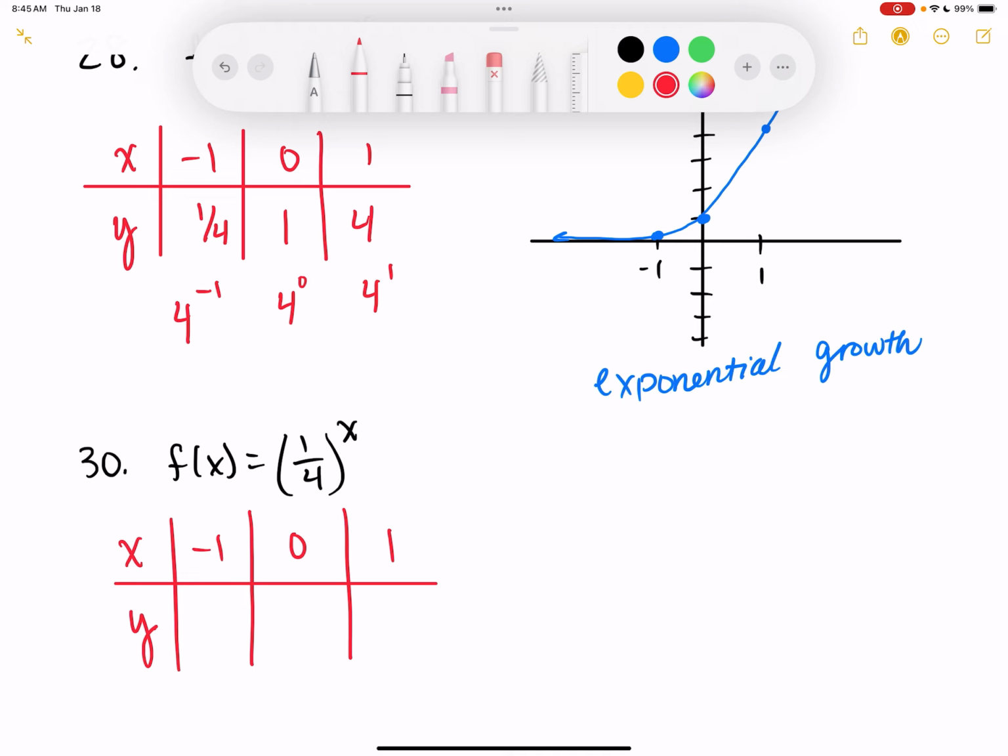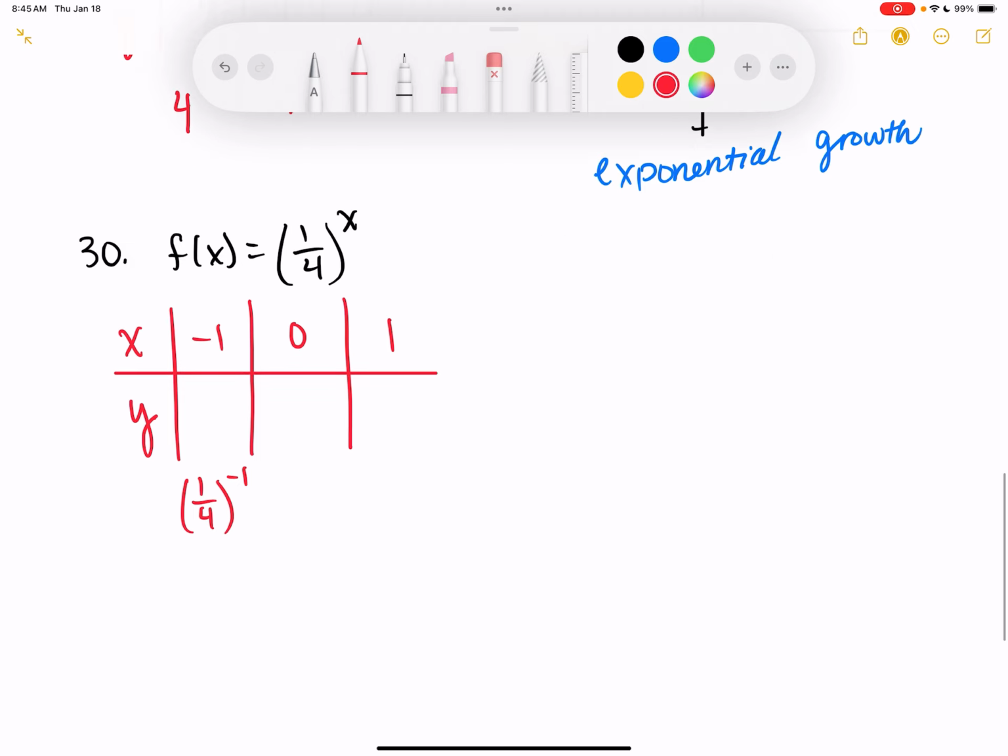So if I plug in -1 for x, so I've got 1/4 raised to the -1, what's that going to be? Four. Okay, so it flips it.